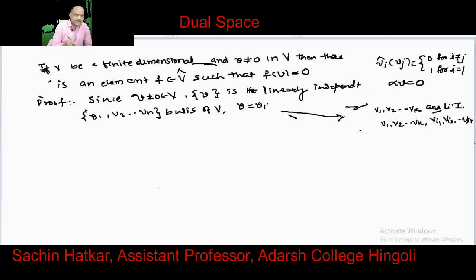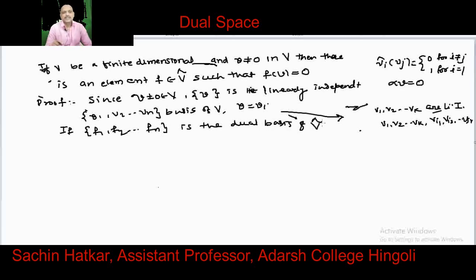Now if f1, f2, ..., fn is the dual basis of V cap, we have seen the definition. As the vector space V contains n elements in its basis, its dual space also contains n elements, that is V1 cap, V2 cap, ..., Vn cap. Here V1, V2, ..., Vn form a basis of V, therefore V1 cap, with f1, f2, ..., fn, is a dual basis of V cap.